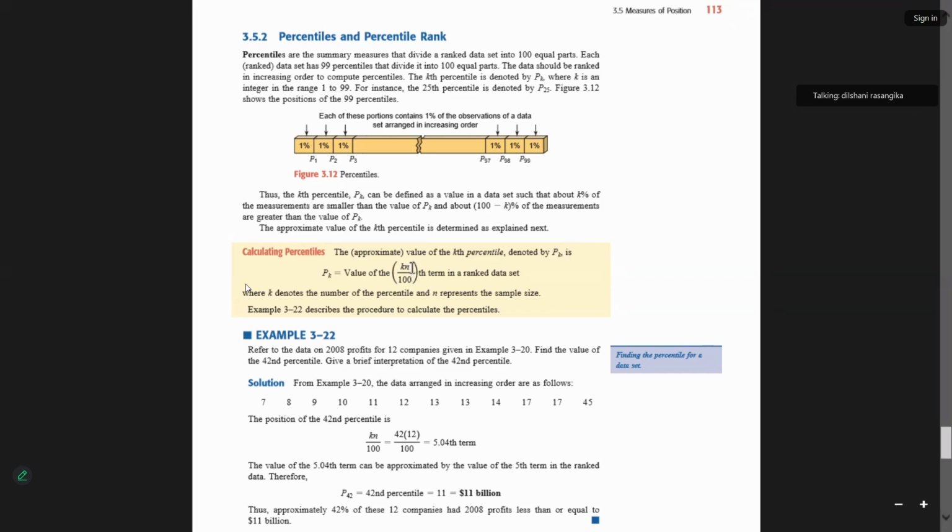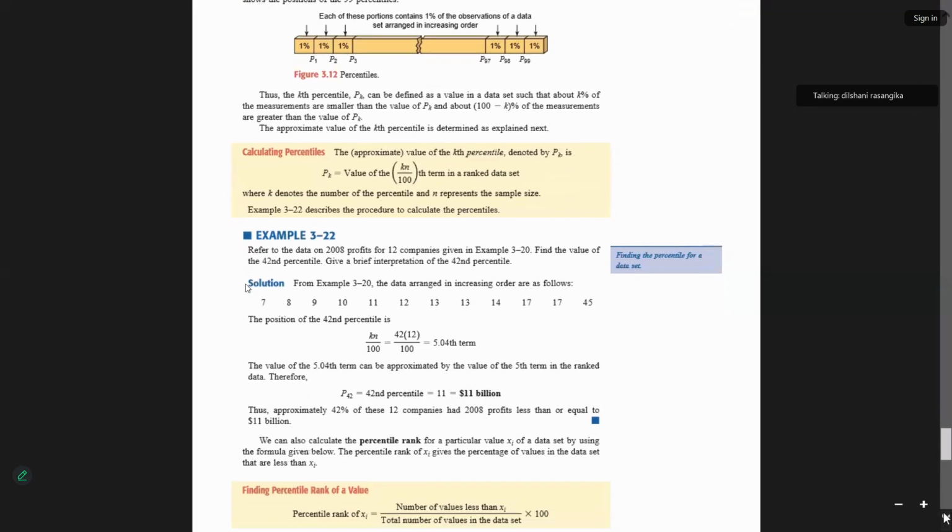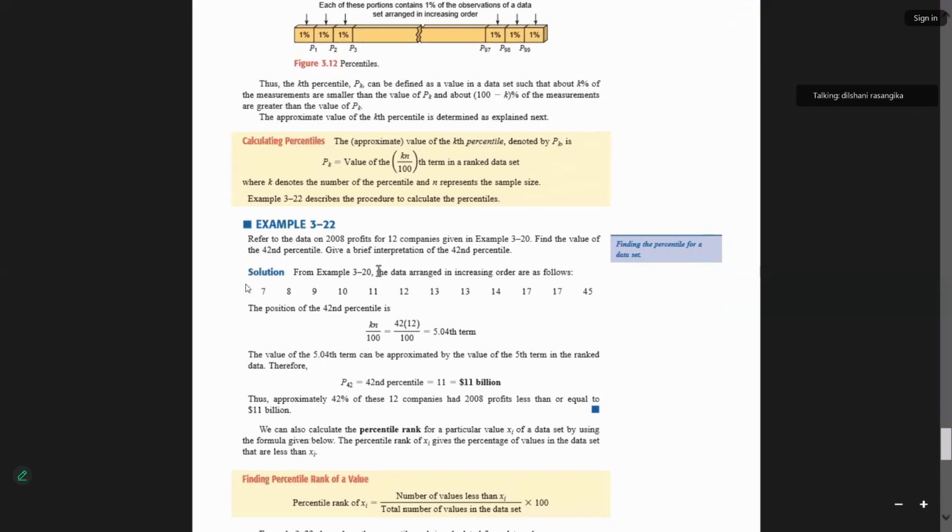Then let's discuss it with an example. Refer to the data on 2008 profit for 12 companies given in the previous example. There were 12 data. Find the value of the 42nd percentile.